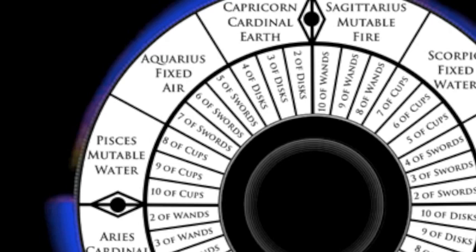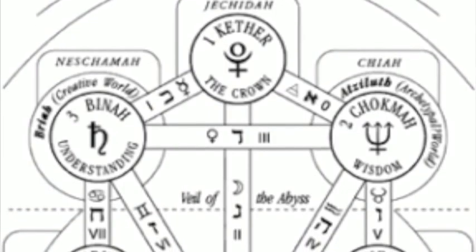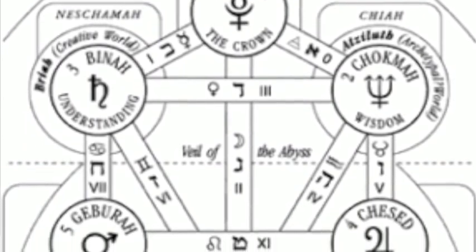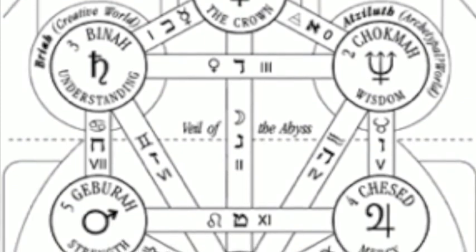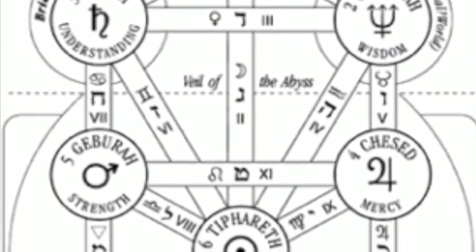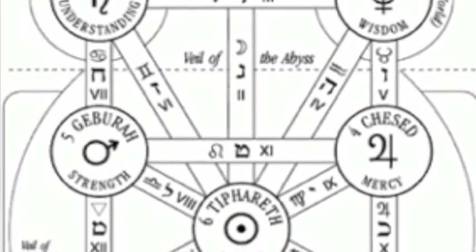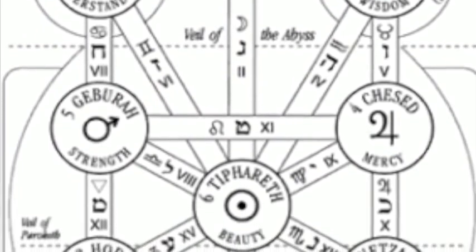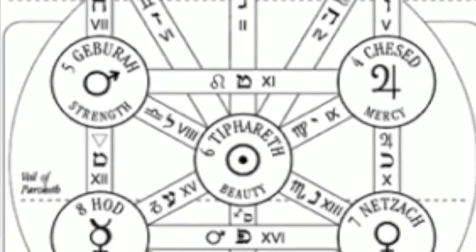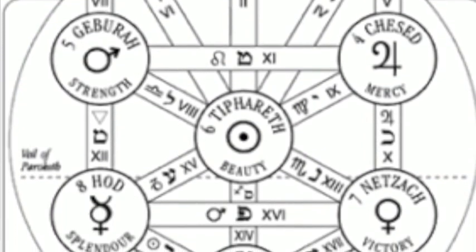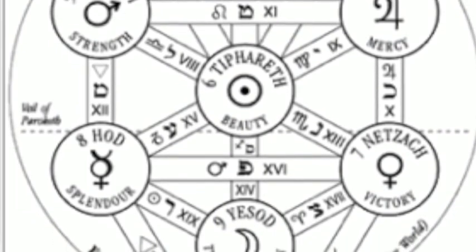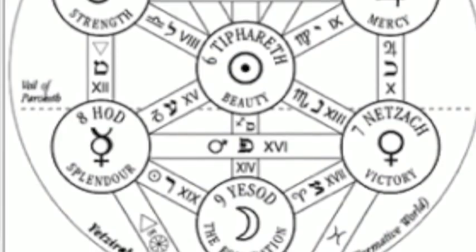Now, this maps to the Kabbalistic Tree of Life schemata in a real interesting way. I might unlock a page where I discuss this, my Cross of the Elements page, where the first Sephira on the Tree of Life, Keter, the crown, isn't factored into the zodiac.